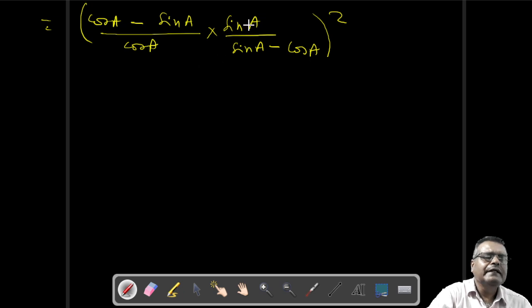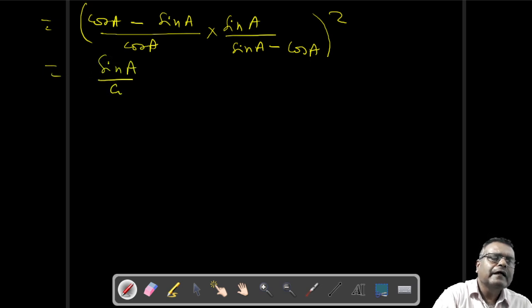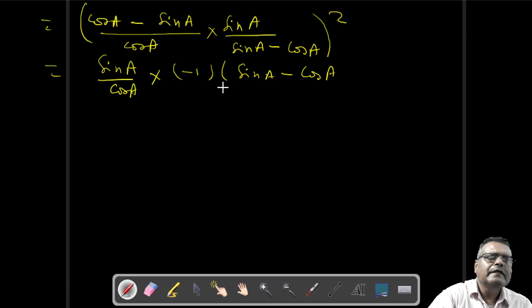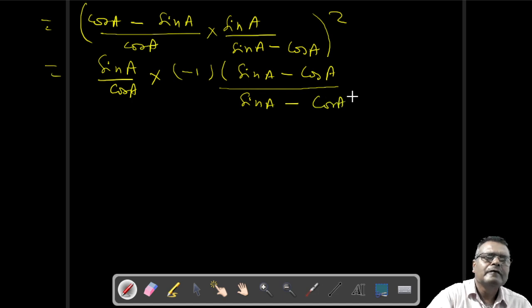Then you are getting sin A by cos A whole square into cos A minus sin A is there. Take minus 1 common. Then you will get sin A minus cos A divided by sin A minus cos A, and its whole square.